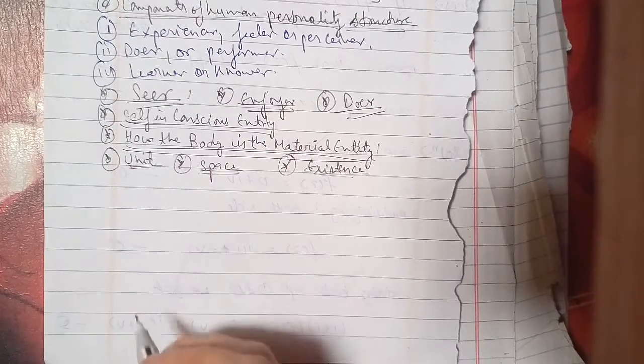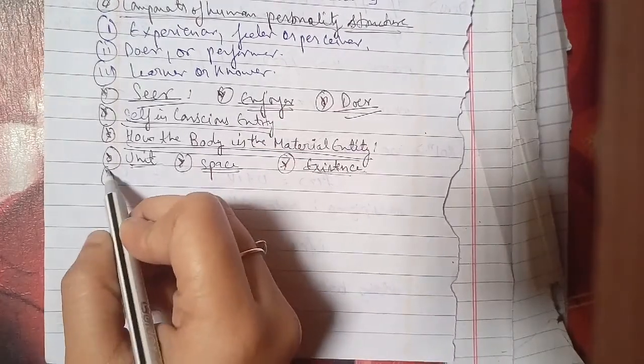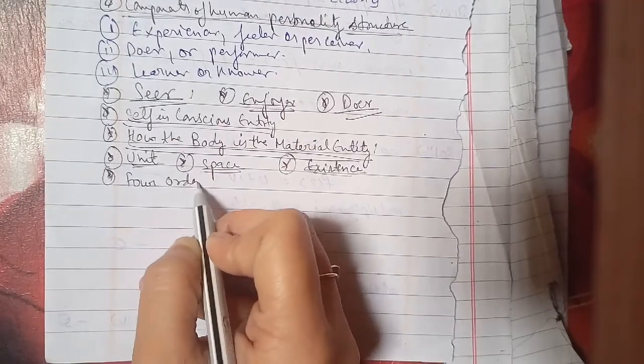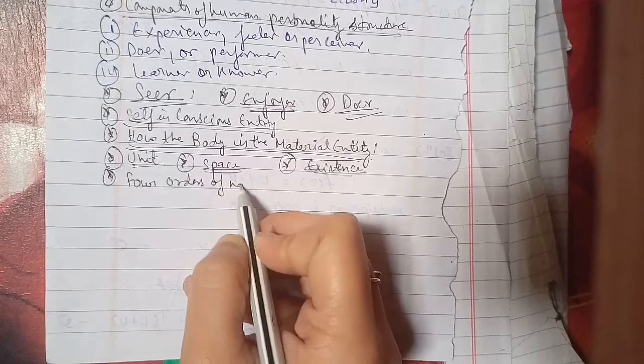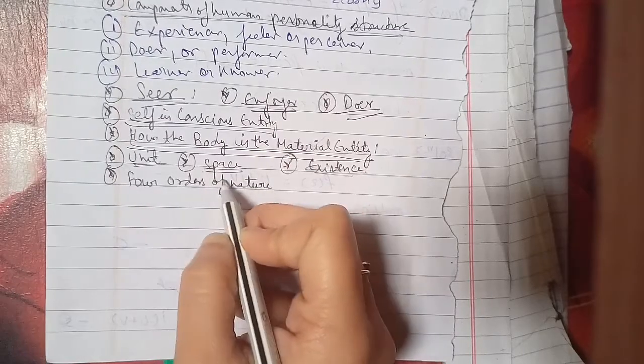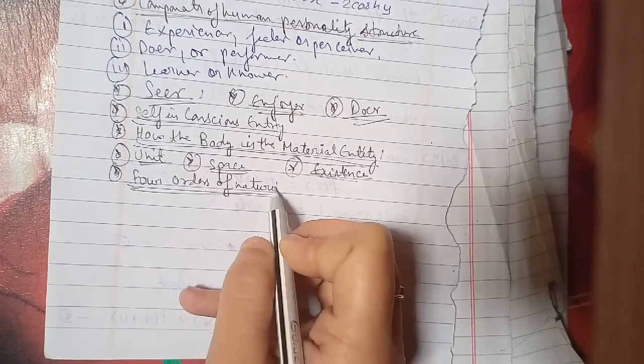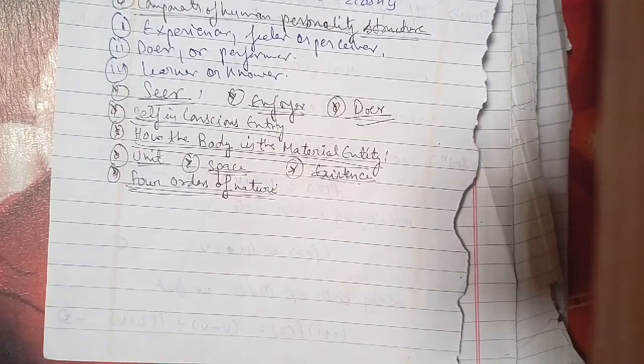We'll discuss the 4 orders of nature. Give the 4 orders of nature. There are 4 orders.